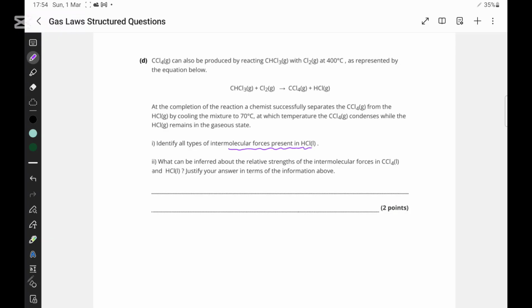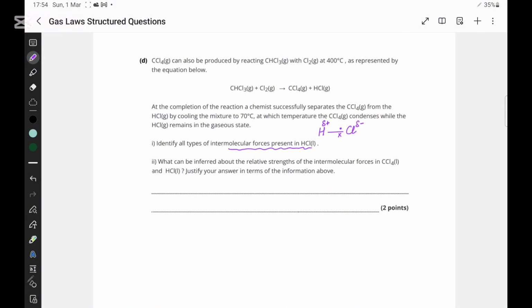They are saying identify all types of intermolecular force present in HCl. So if you see HCl, HCl is a polar molecule which contains dipoles, because chlorine is more electronegative, so it is going to have partial negative, partial positive.